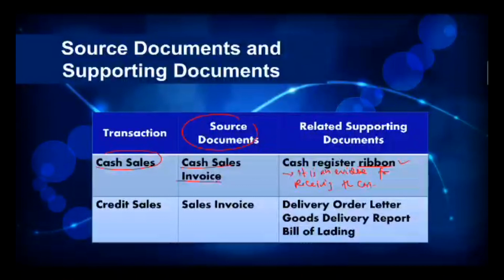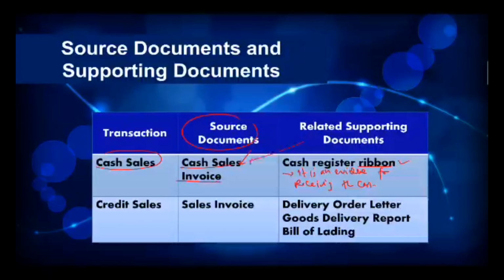So if you are in the accounting department, when you make a journal from this transaction, you have to check that there is a source document, the invoice, and the cash register ribbon to make a journal for the cash sales transaction.